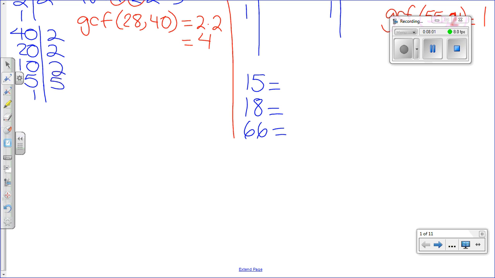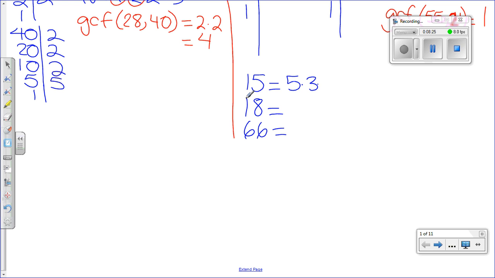Gustavo, tell me, what is the prime factorization of 15? 5 times 3. Yes, so 5 times 3. All right, and then Christopher, what is the prime factorization of 18? 6 times 3.